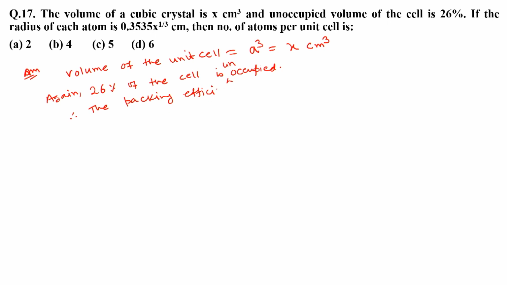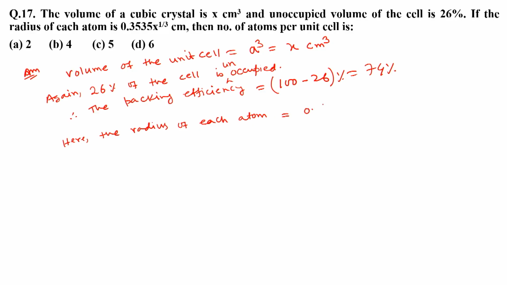Therefore, the packing efficiency is 100 minus 26%, so we get 74%. Here, the radius of each atom is 0.3535 x raised to the 1 by 3 centimeter.